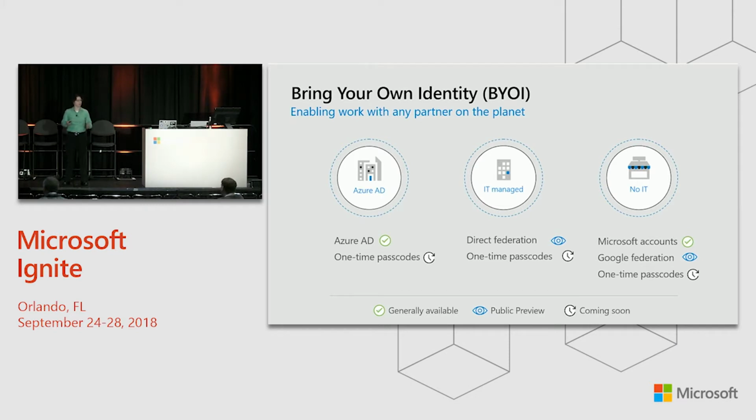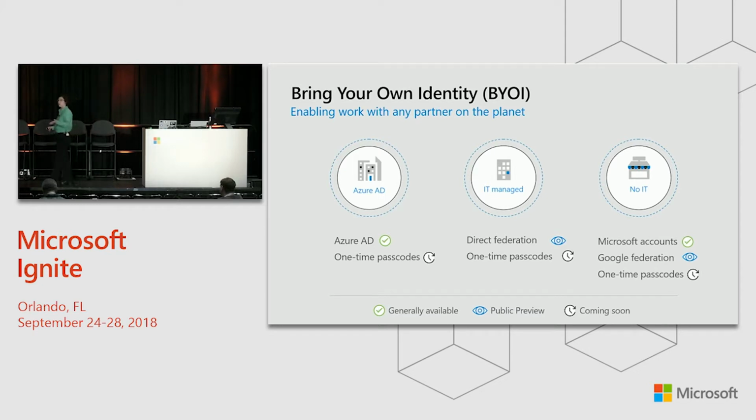So the way to think about this is that you have multiple types of partners. You have partners who are on Azure Active Directory, and obviously their Azure Active Directory accounts work just fine coming in as guests. But there's also some scenarios where they have Azure Active Directory, but they have some users that aren't in the directory yet. They might be on-prem or in some other system. And for those users who aren't in Azure Active Directory yet, we can still authenticate them using a feature called one-time passcodes that I'll drill into in a little bit.